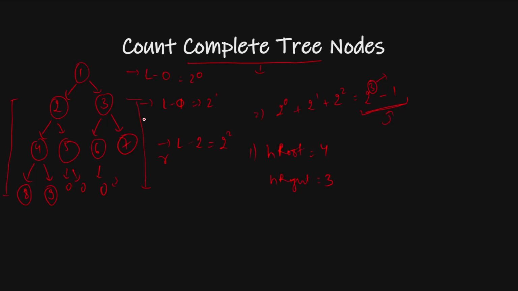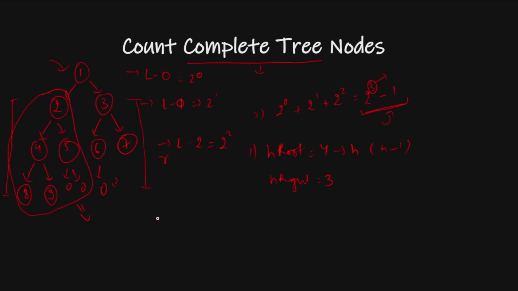I hope it makes sense. If the height of right is 1 less than this, that means the height of the right subtree equals the height of the left subtree. And there is one more thing: if I already find the height of root, without going there, can I find how many nodes will be there? Yes, I can. If the height of root is h, then the height of the left subtree will be h minus 1.